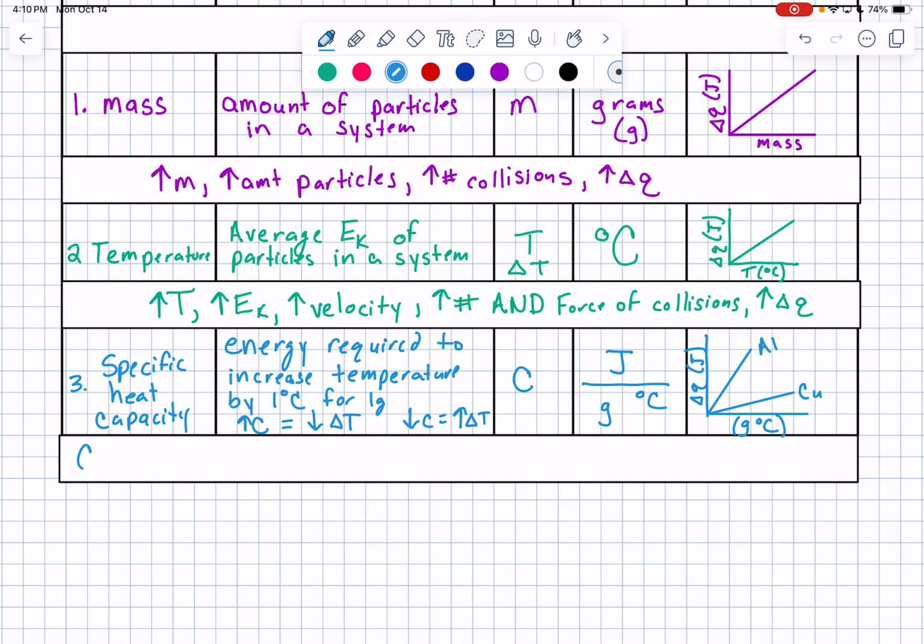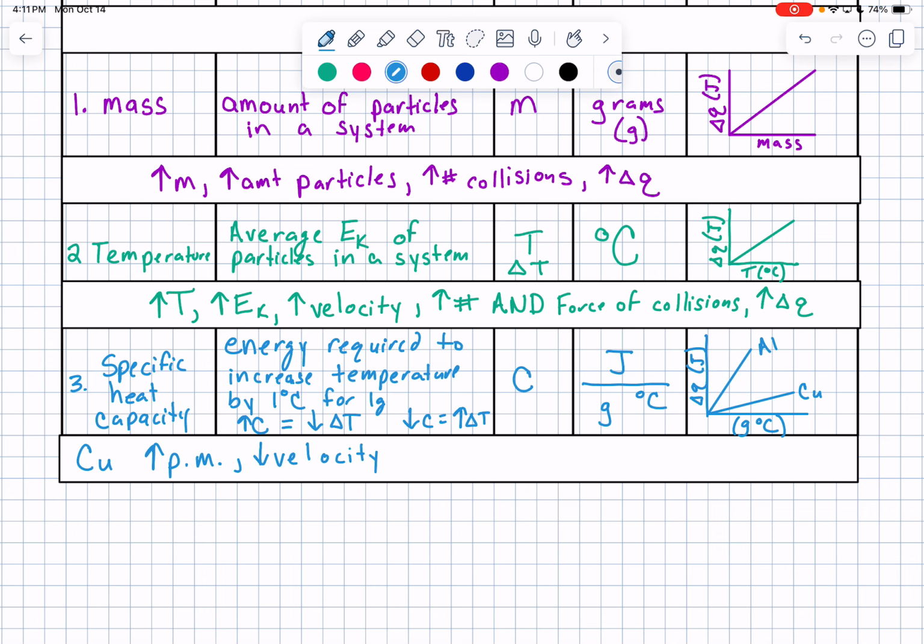So when we talk about copper, for example, copper has a high particle mass. So the mass of copper particles is a lot higher than the mass of the aluminum particle. And because of that, our velocity is slower. Think about it. If they're at a red light and there's a semi-truck and there's a compact car, you're going to get behind the compact car because it's going to take longer for the semi-truck to gain velocity.